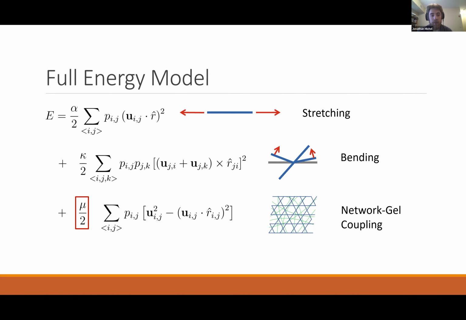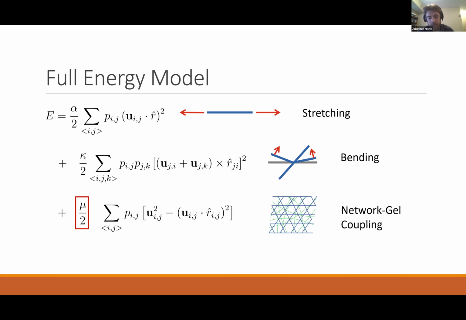So here we introduce a parameter mu that corresponds with the shear modulus of the gel. So we then penalize relative displacements of adjacent vertices transverse to the vector separating them.